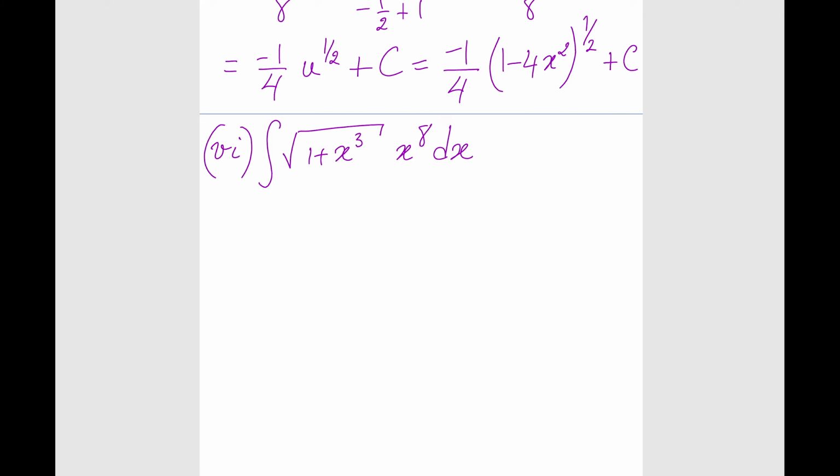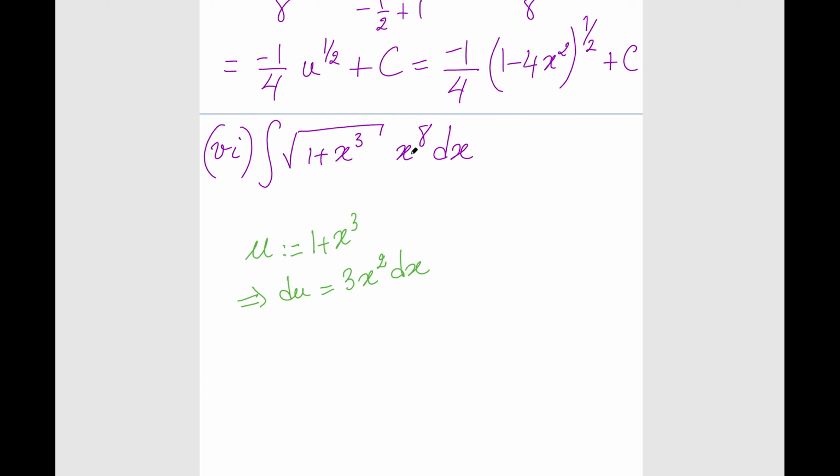My approach is as follows. I'm going to take u to be 1 plus x cubed. As such, du becomes 3x squared dx, right? Du is u prime dx and u prime is this. Okay, it looks like, oh, we didn't reach x to the power 8.